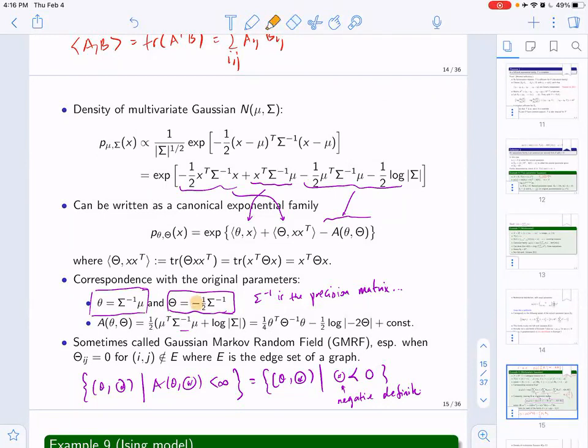Because sigma has to be positive definite, capital theta has to be negative definite, and this is the only constraint because mu can be anything, and so sigma inverse mu can be anything. So we don't have any constraints on little theta, but you have this constraint on capital theta. Okay, any questions about this?